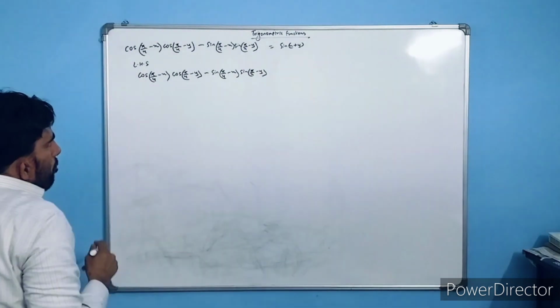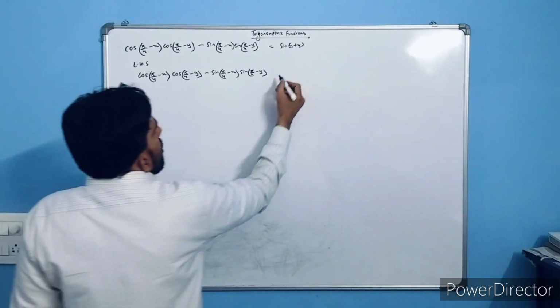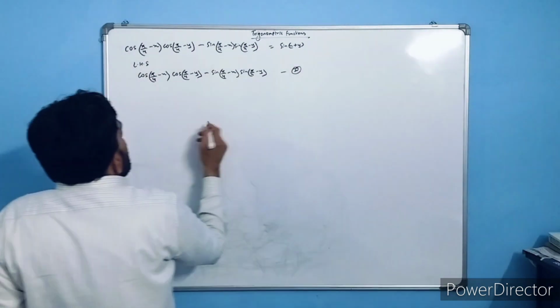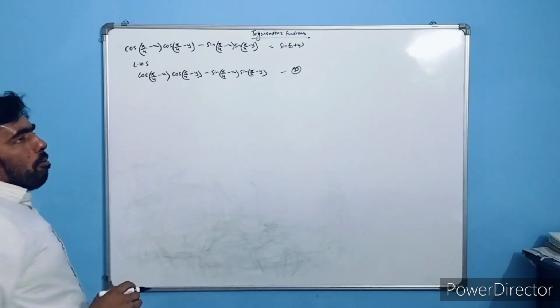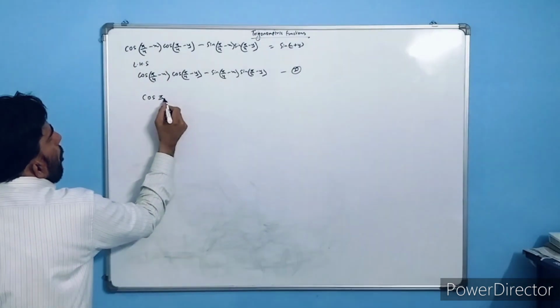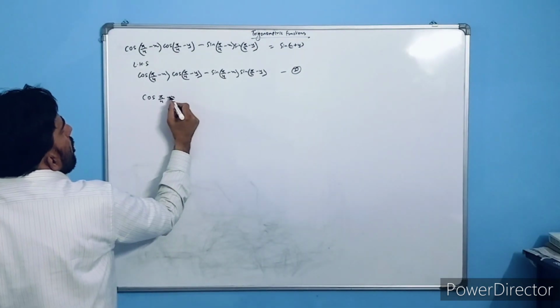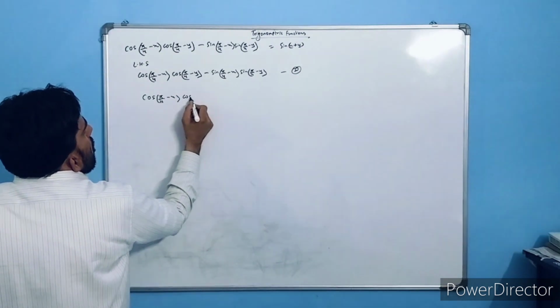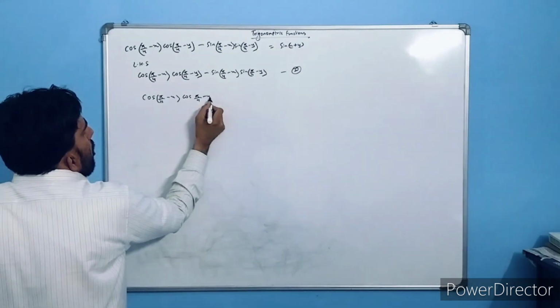Now LHS is given. This, let us take it first. We'll solve in parts. Let us solve this first. Cos (pi by 4 minus x) cos (pi by 4 minus y).